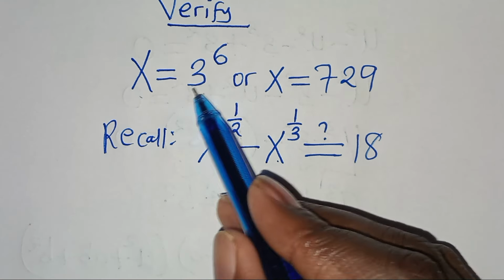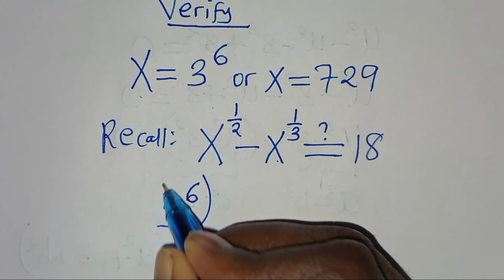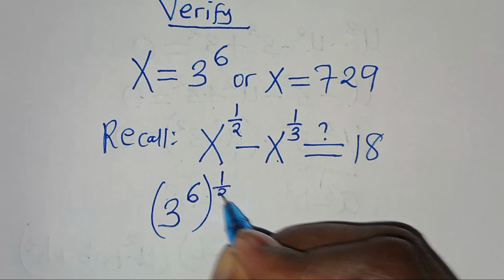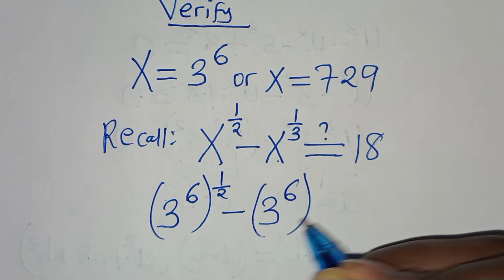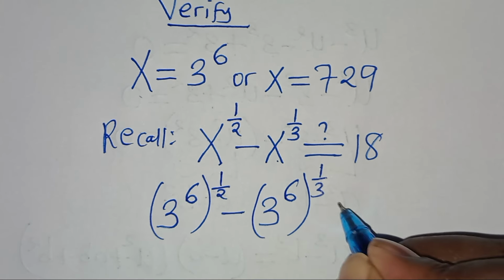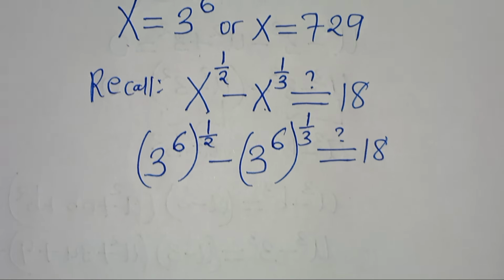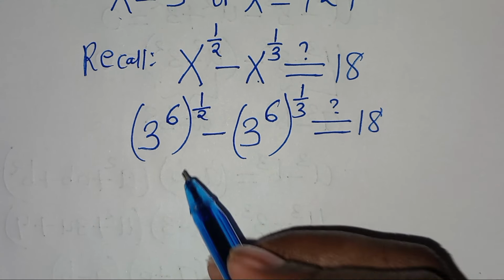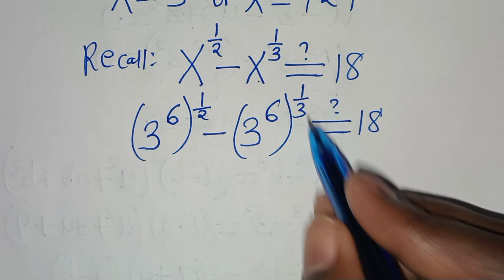So let's substitute x, which is 3 to the power of 6, raised to the power of a half, minus 3 to the power of 6 raised to the power of 1 over 3. This should give us a value of 18.